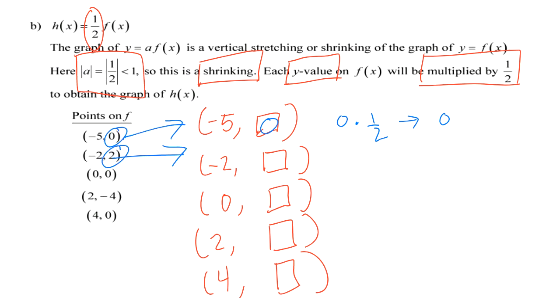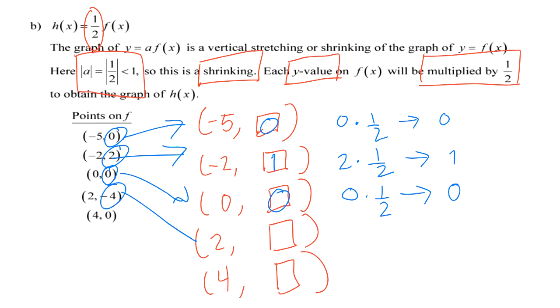Then the second one is 2 times 1/2 is 1. 0 times 1/2 is 0. -4 times 1/2 is -2.